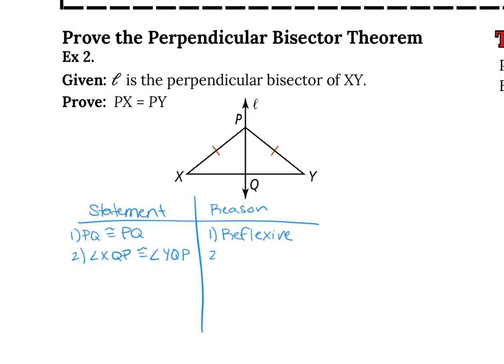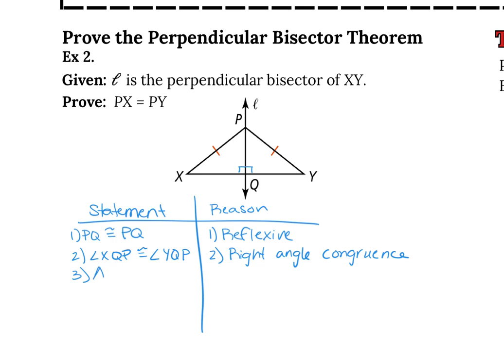And we know that because right angles are congruent. And we know that these are right angles because they told us that line L is a perpendicular bisector of XY, which means it's creating right angles.